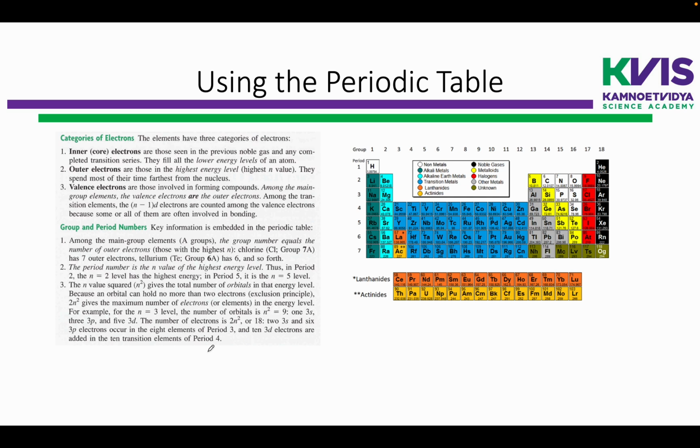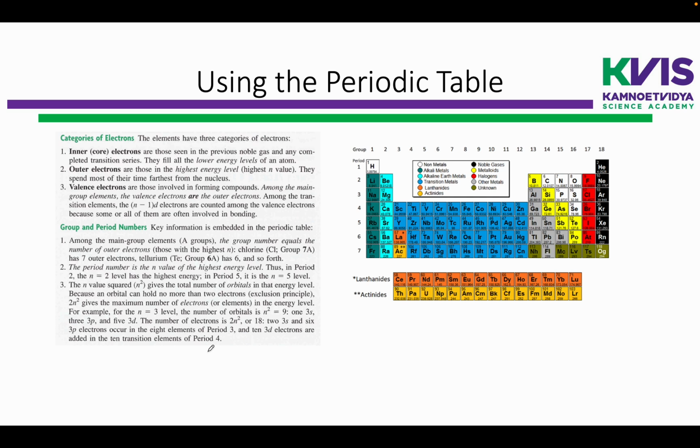Right, so I've mentioned a bit of this before. You want to be able to group the electrons into different categories, right? You can represent the inner core electrons by writing the most recent noble gas configuration.